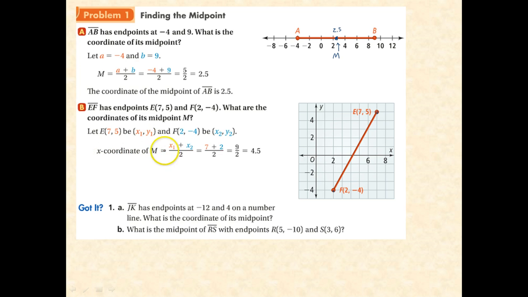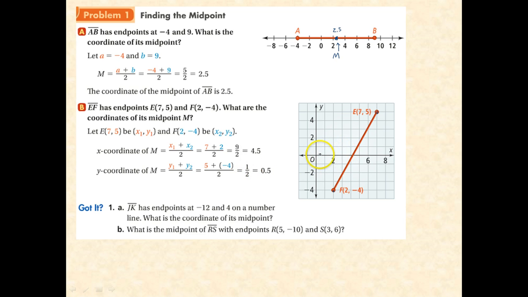The x value of the midpoint is the average of the two x values. So 7 plus 2 is 9, divided by 2 is 4.5. The y coordinate is the average of the y values. So 5 plus -4 is 1, divided by 2 is 0.5.